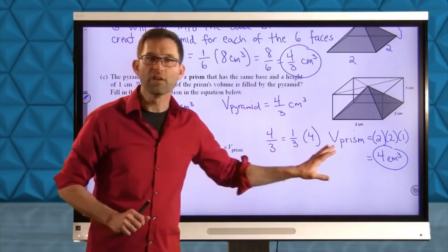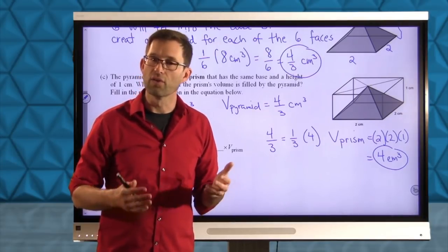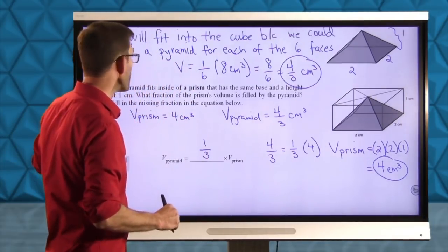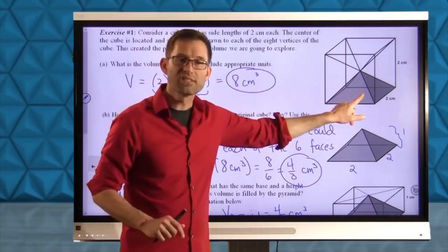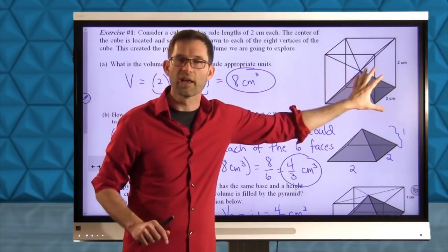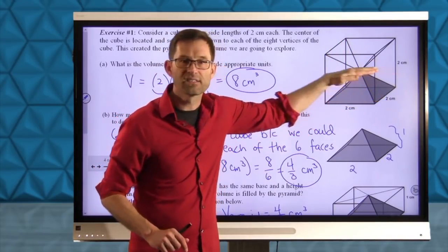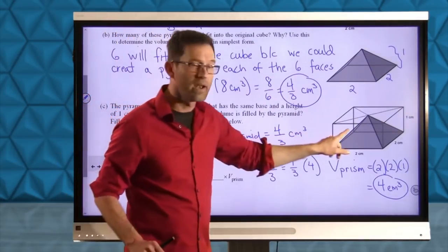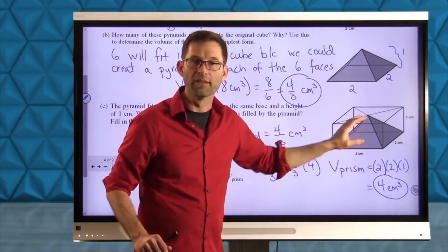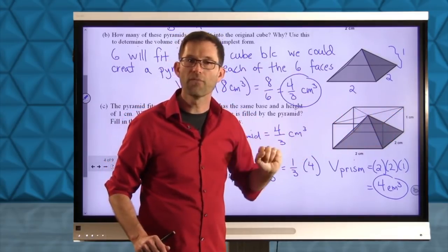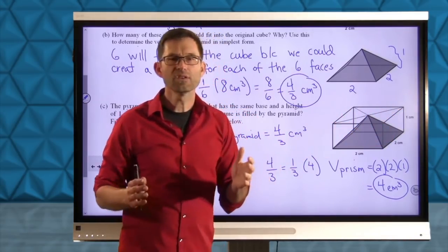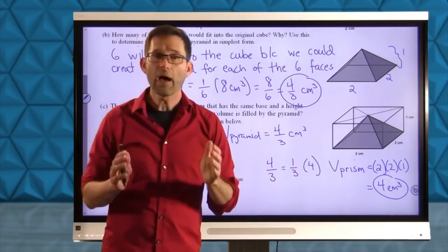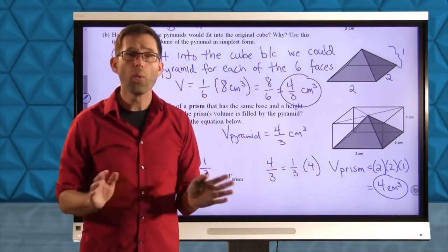Now, I don't really even need these calculations to get you convinced about that. Remember that originally there were 6 of these pyramids that fit inside of this cube. Then I sliced the cube in half, which means technically speaking, there now must be 3 of these pyramids that can fit inside of that prism. And this is remarkable.